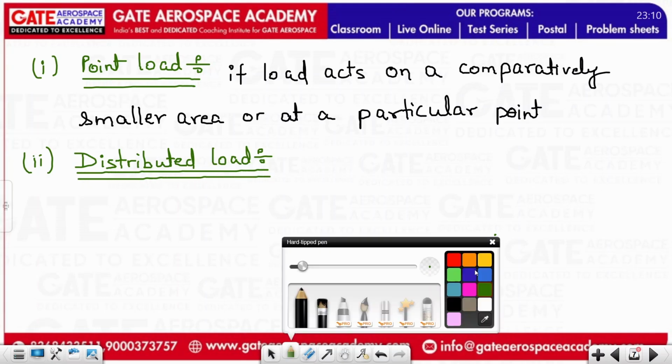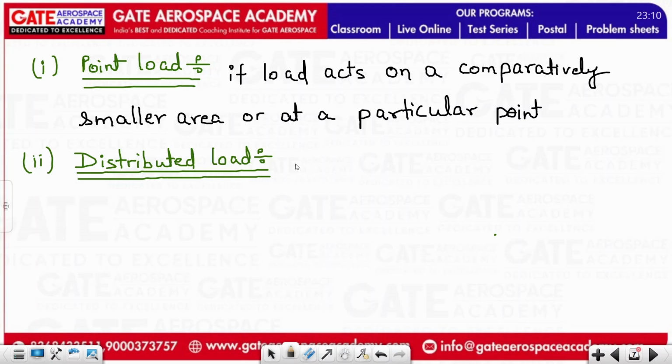The second type of loading that we have is your distributed load.